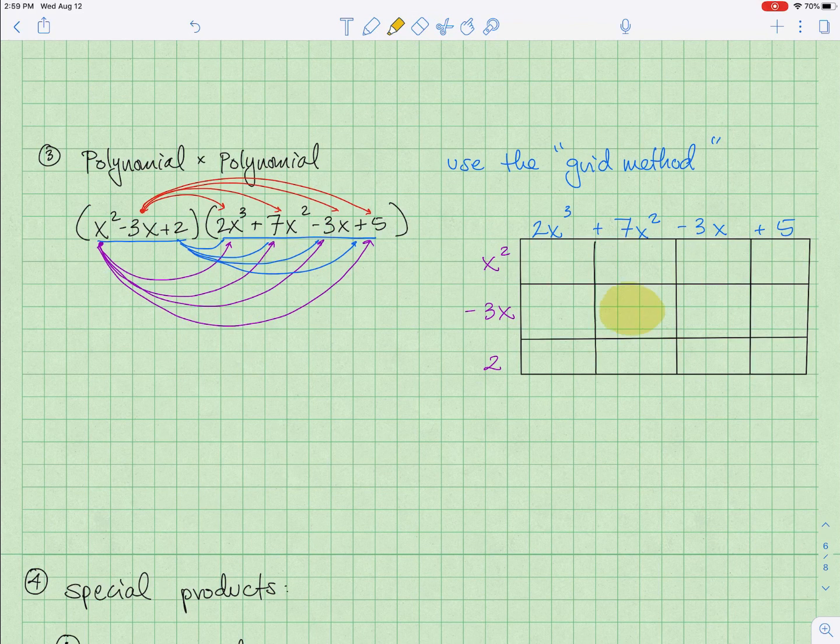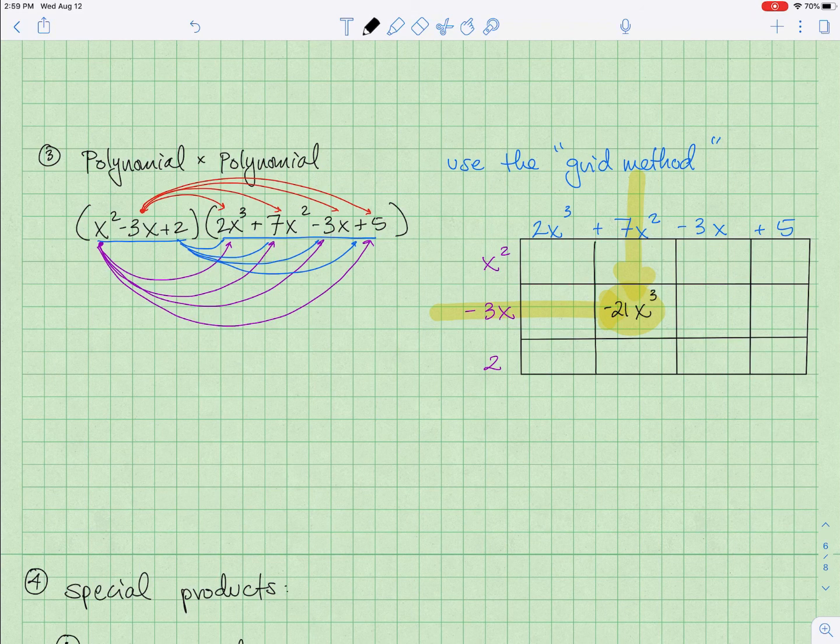And each square, like this one that I've colored in here, is the product of the row and column. So this particular result is going to be negative 3 times 7, which is negative 21, and x times x squared is going to give us an x cubed.